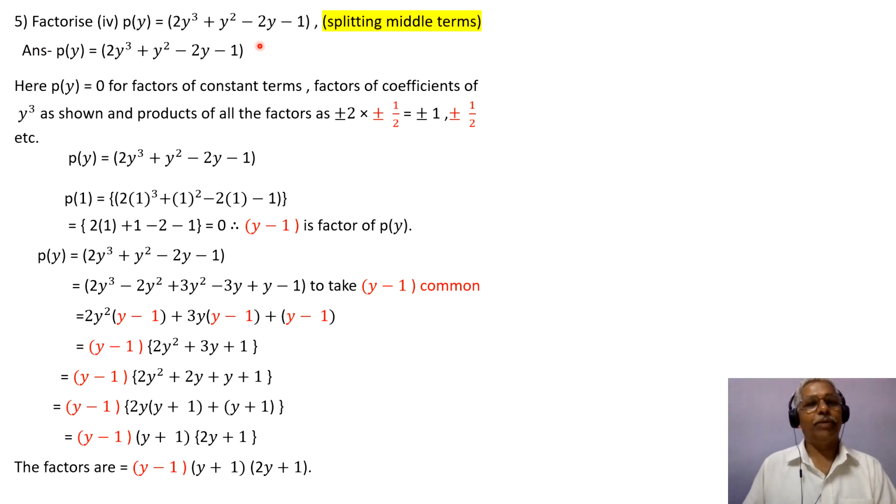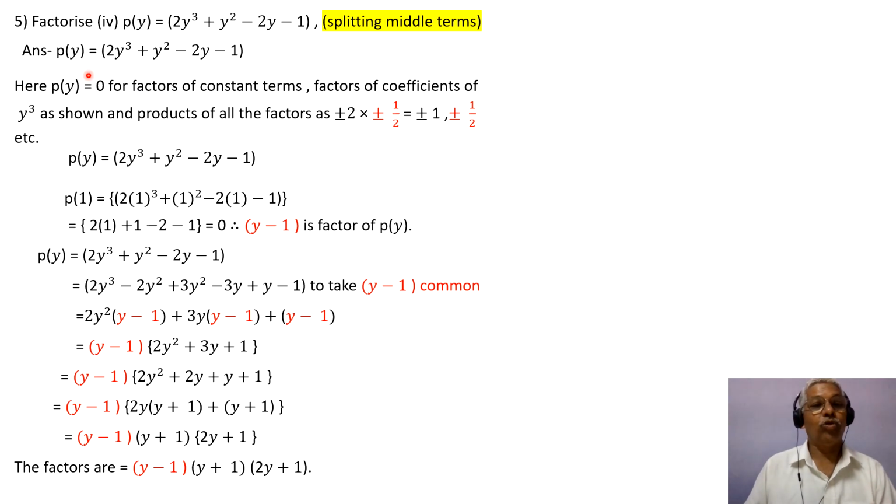So now factorize the same polynomial by splitting the middle terms. Answer: p(y) equals all this. Now try to find the zero of this polynomial. For finding this, we have to use the factor theorem, and for the factor theorem, we need this term's coefficient to be 1. To make the coefficient of this term 1, we have to divide the whole polynomial by 2 and hence multiply by 2, so that we are not changing any value.